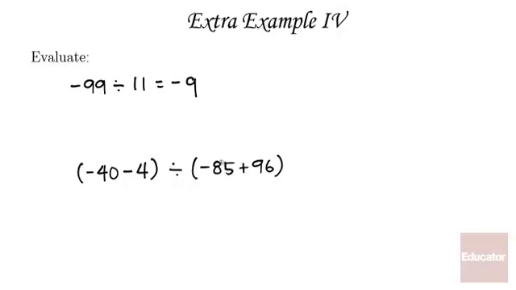Okay, this next problem, I have a few things to solve out. Remember, order of operations, I must solve out my parentheses first. So I'm going to solve this out first. -40 minus 4. Since I'm subtracting integers here, I want to change my minus sign to a plus sign, my subtraction problem to an addition problem.